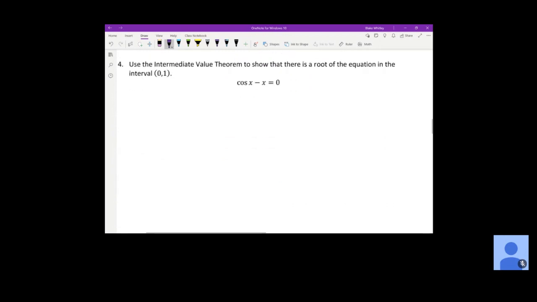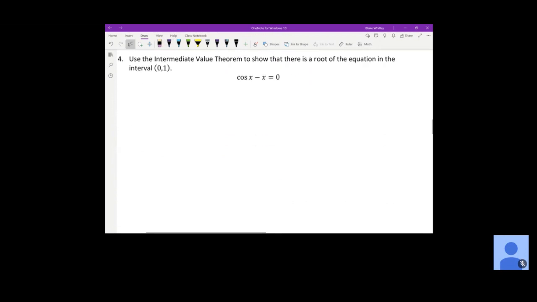All right. Number 4. So intermediate value theorem, this is what we just looked at in the notes. We want to show that there's a root of the equation on the interval from 0 to 1. So how are we going to show that there has to be a root in that interval now?